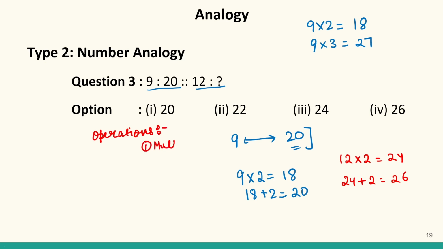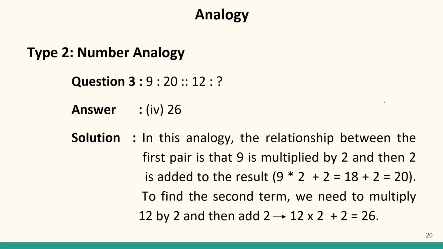First is multiplication and second is addition. The first operation is that we are multiplying by 2 and the second operation is that we are adding 2. So if we do the same thing for 12, our answer will be option number 4, that is 26. So the correct answer to this question is option number 4, 26.